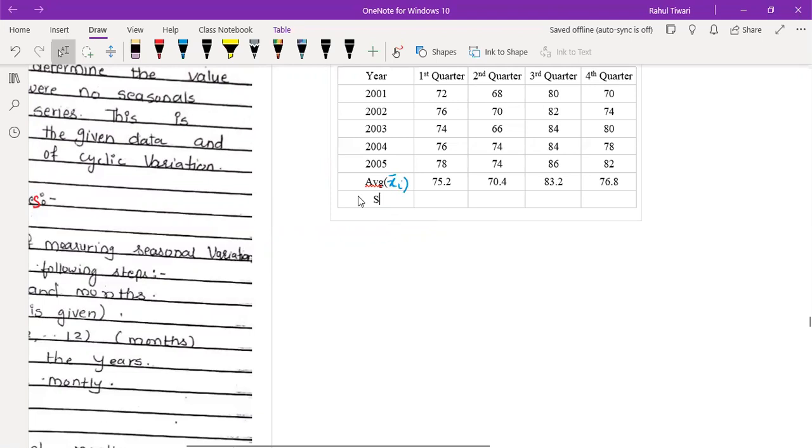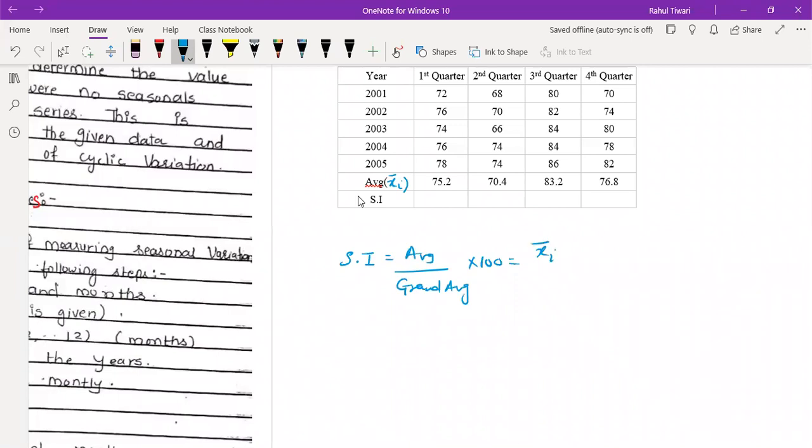Yes, sir. Then we need to obtain the seasonal indices. What is the formula for seasonal indices? Seasonal index is equal to the average value upon the grand average, into 100, which notationally is x bar i upon x bar, into 100.